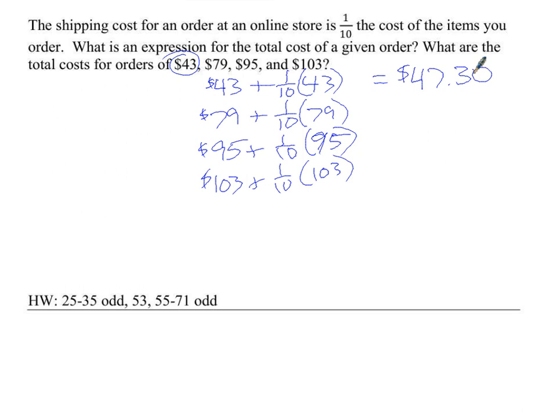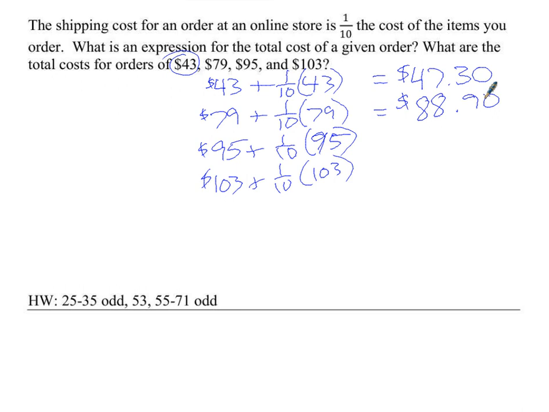Okay? 1/10 of $79 is $7.90. I'm going to add $7.90 to $79. You don't need a calculator for this. What do I get? $88.90. Good.